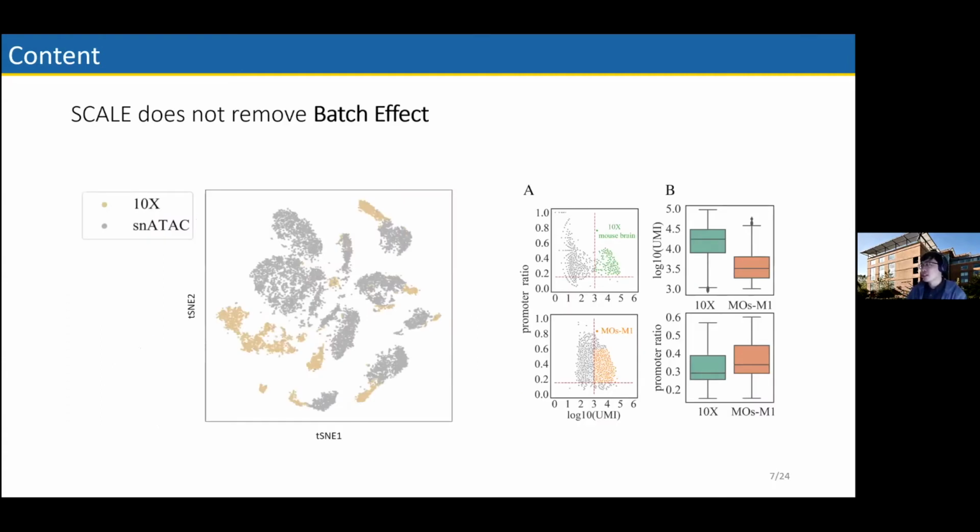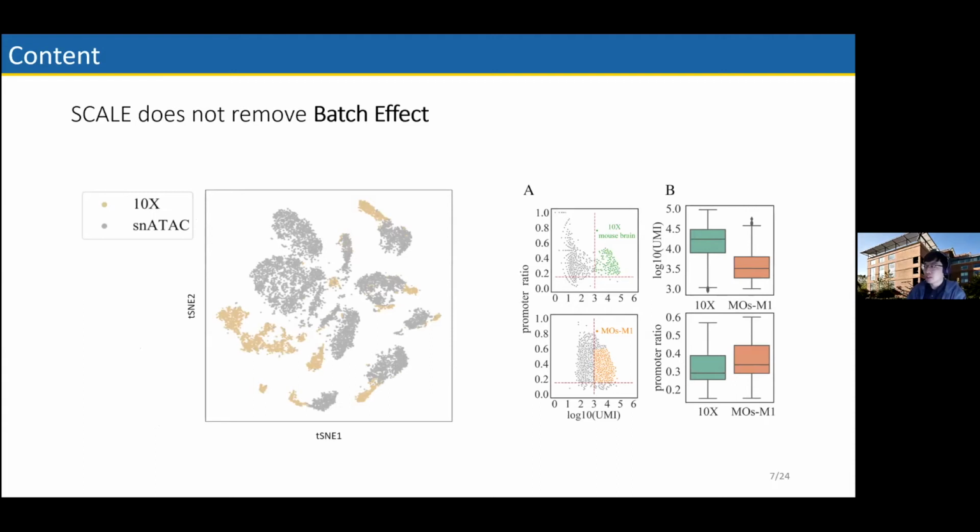Here's the second example, about batch effect. Here we show the t-SNE visualization of the embedding learned by SCALE. SCALE is a variational autoencoder-based deep learning method, but it doesn't have a specific mechanism to deal with confounding factors like batch effect. This is on the cross-platform dataset we just mentioned, from the same tissue, the mouse brain, but sequenced with different platforms.